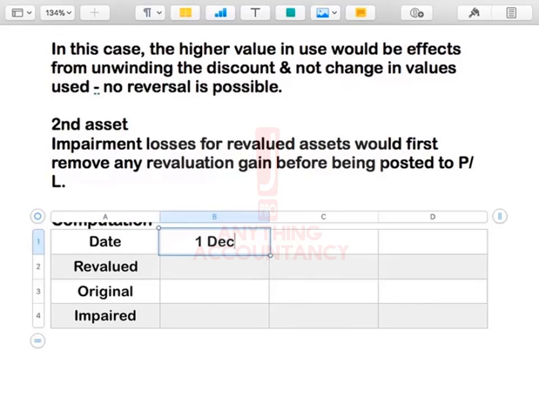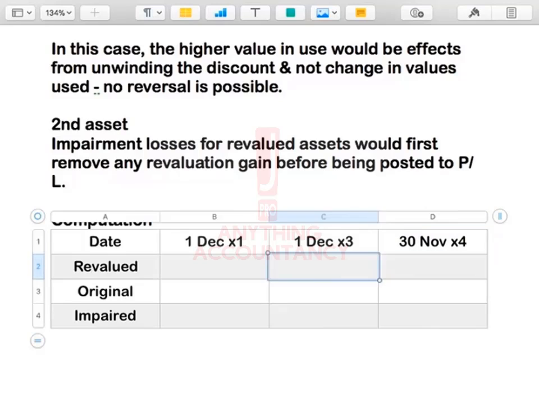You got 1 December X1. What is your original value? 10. It was revalued to 8.8. These are the information you have in the question. Yes, no?